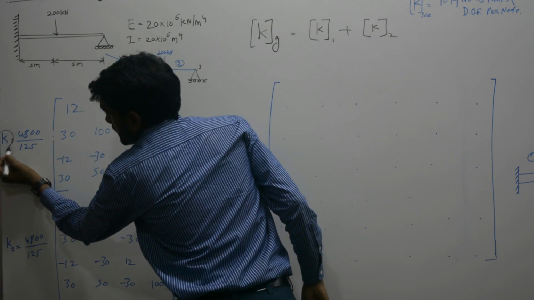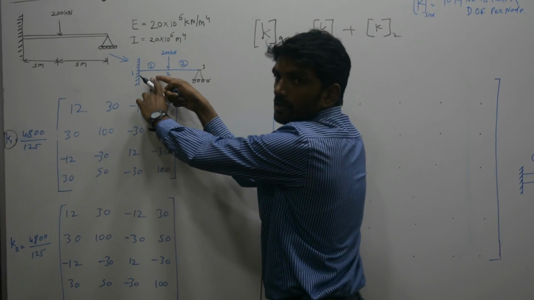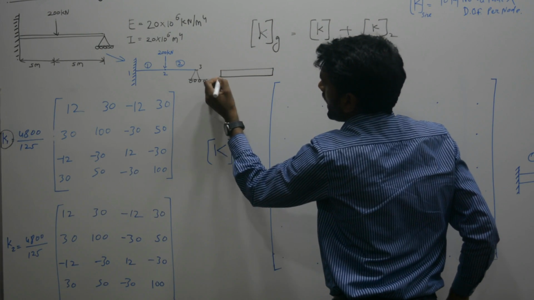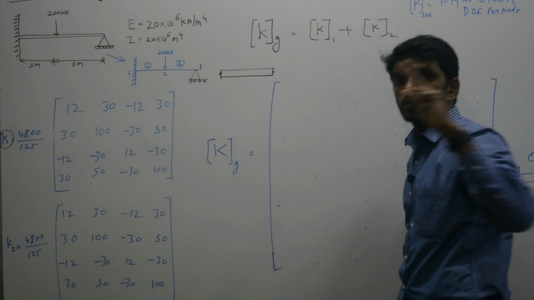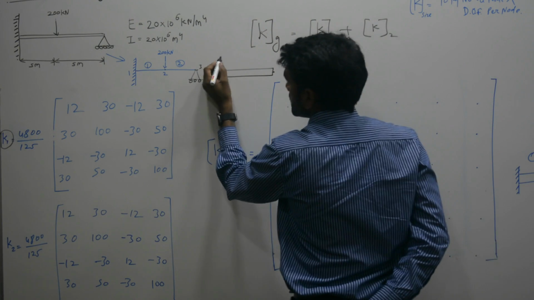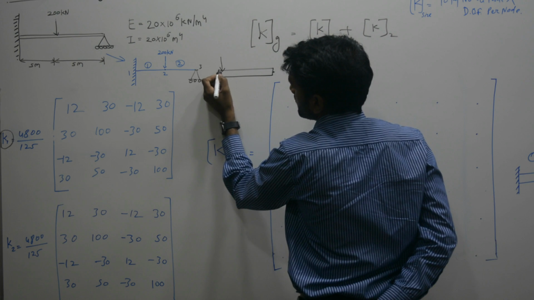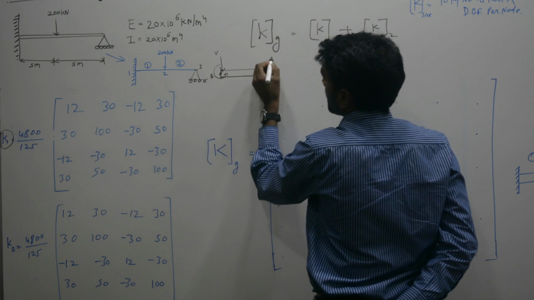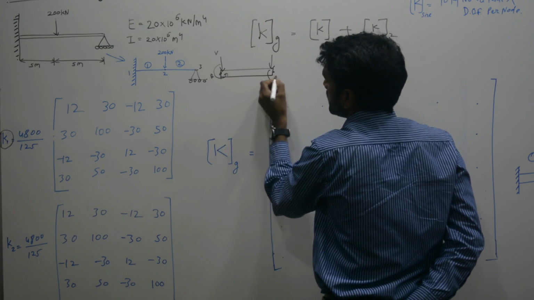K1 means the stiffness matrix for element number 1. As we all know, for a beam problem at a particular node there are 2 degrees of freedom. One is vertical displacement and one is the rotation term. It means V and theta at each node.